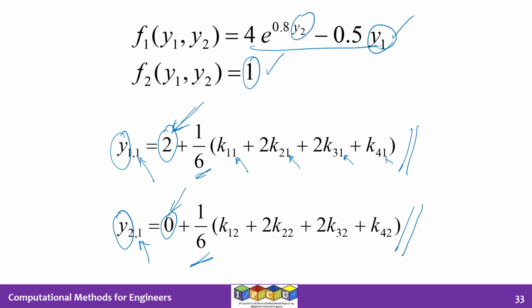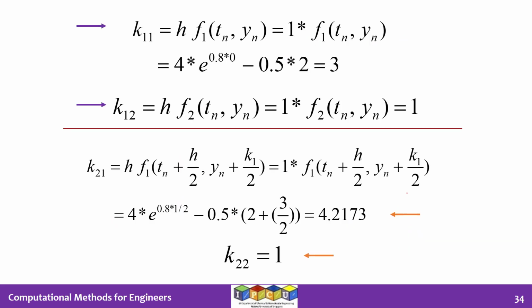So we have k1, k2, k3, k4 for y1 and we have k1, k2, k3, k4 for y2. Once you get k11, k21, k31, k41, k12, k22, k32 and k42, you would be able to calculate y11 and y21. So these are the sequence of calculations.